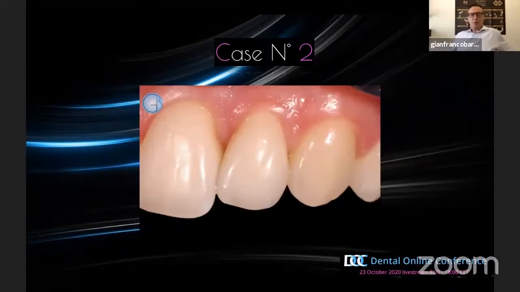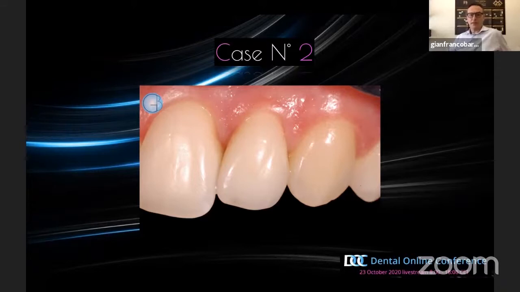What is good in this kind of technique is that, with this material, we can manage the emergence directly in the mouth and correct the shape, just to reach the best result that we can.